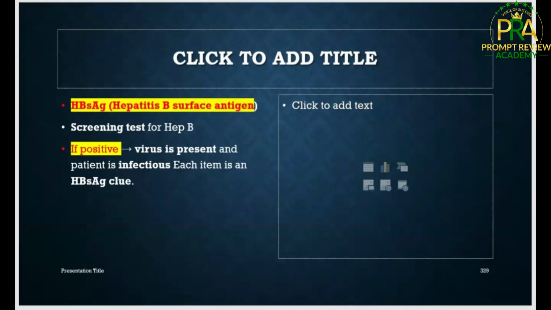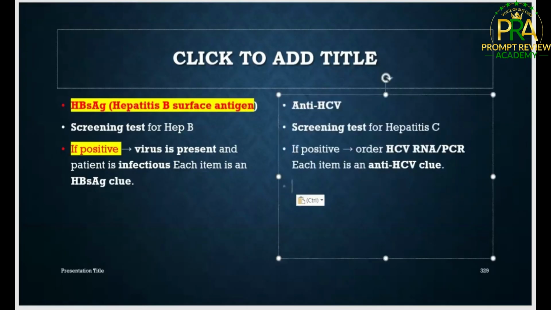Then after that, we have another one, which is hepatitis C. We call this one anti hepatitis C virus. These are the markers. Like I said, this is not something you need to take your time on, because if you don't know it, you don't know it.